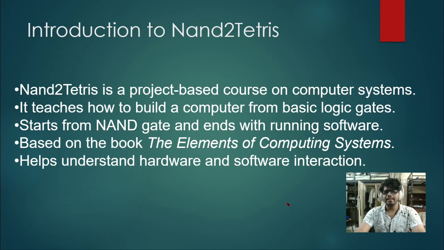Using only this gate, we build logic circuits, memory units, processors, and finally software tools. This method helps us understand how complex systems are actually made of simple components. By completing these projects, we gain confidence in understanding real computer architecture.